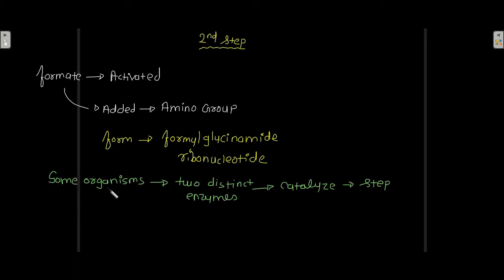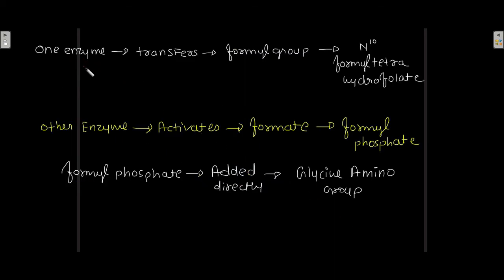Now some organisms use two distinct enzymes to catalyze this particular step. Okay, in some organisms there are two enzymes which produce formyl glycinamide ribonucleotide. So one of those two enzymes transfers the formyl group from N10 formyl tetrahydrofolate.